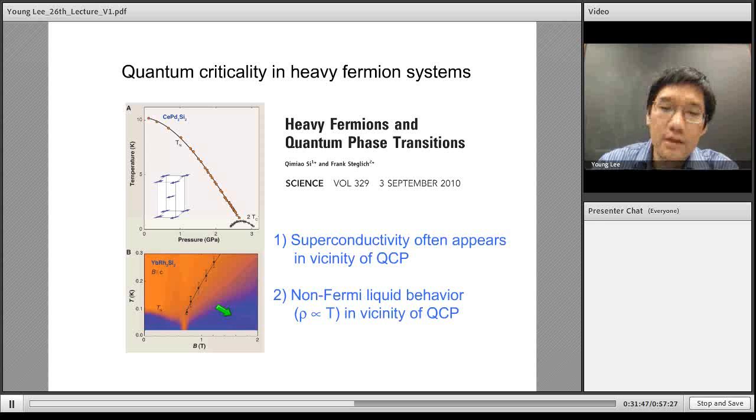So an exponent of rho varying as T squared makes a lot of sense for just electron-electron interactions in a Fermi liquid model. Having rho, the resistivity, go as just linear in T is very unusual. You cannot get that in Fermi liquid theory. This is called non-Fermi liquid behavior, and it appears that you often get non-Fermi liquid behavior in the vicinity of a quantum critical point in these heavy fermion compounds.